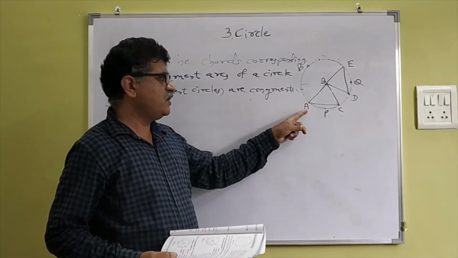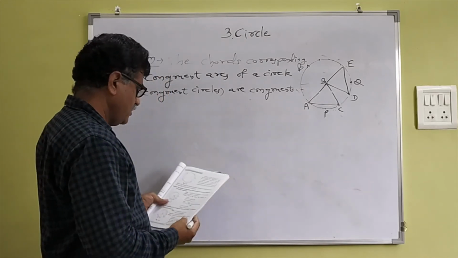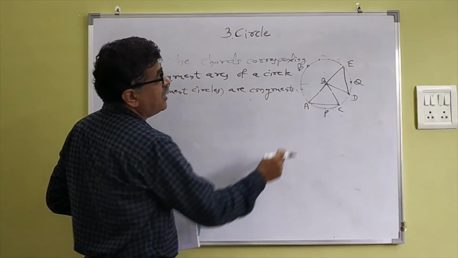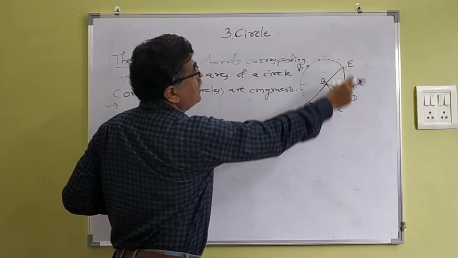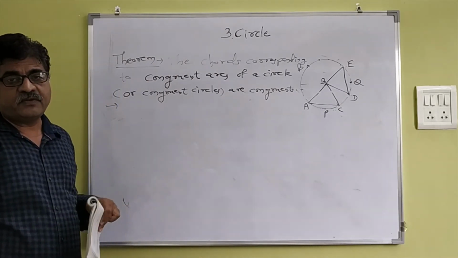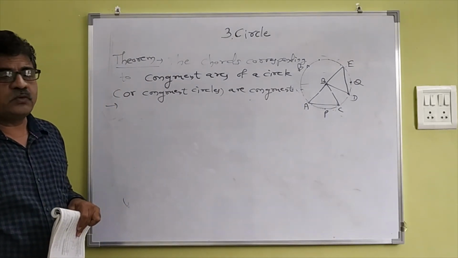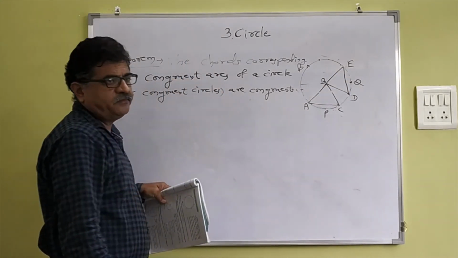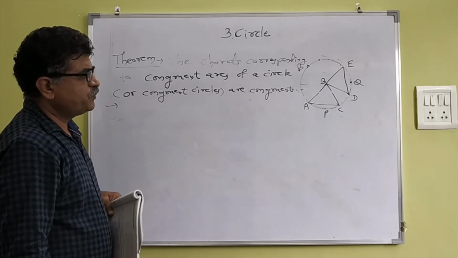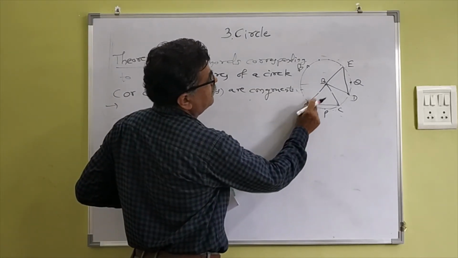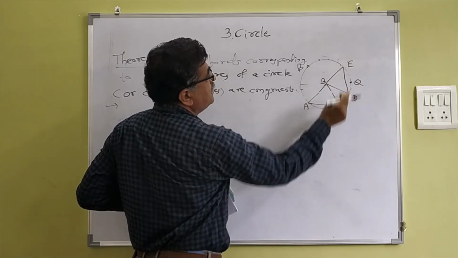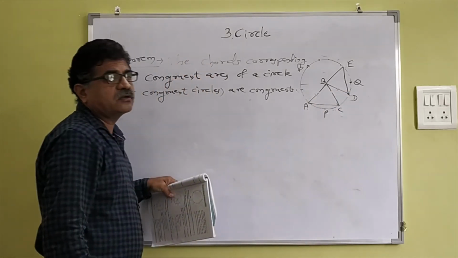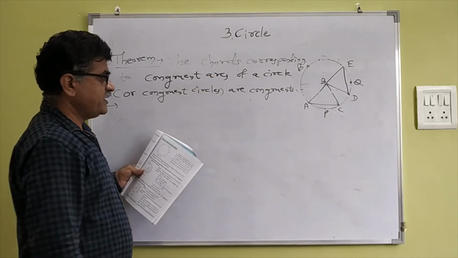Now here we are given, in a circle with center B, arc APC congruent to arc DQE. We have to prove chord AC congruent to chord DE. Now in triangle ABC and triangle DBE, these two sides are congruent, radii of the same circle.